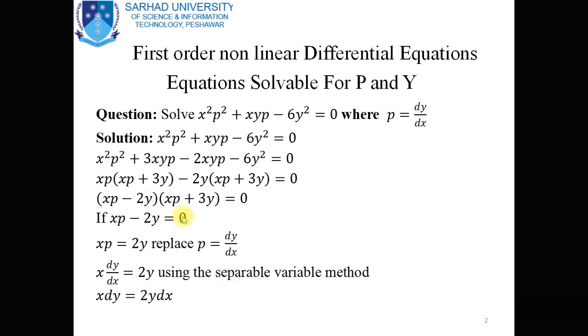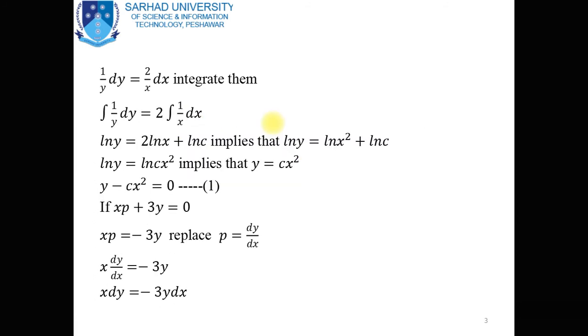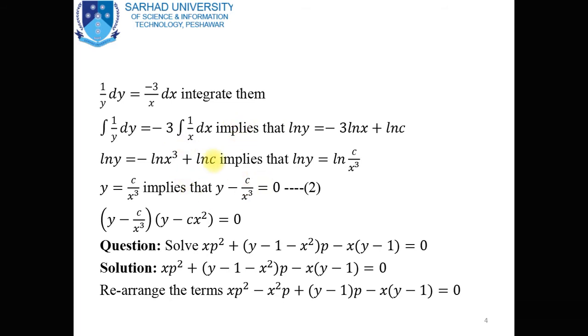So solve each factor, and there will be two solutions, one solution for the first factor and the other solution for the second factor. Multiply the solutions of these factors and we obtain the overall solution of the given differential equation, like you see over here. This is the solution of the first factor and this is the solution of the second factor, and after multiplication of these two solutions we obtain the solution of the given differential equation.